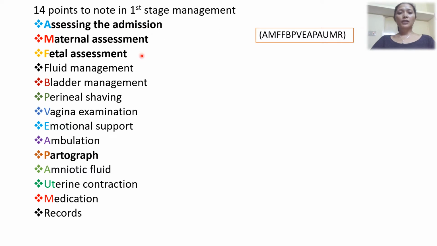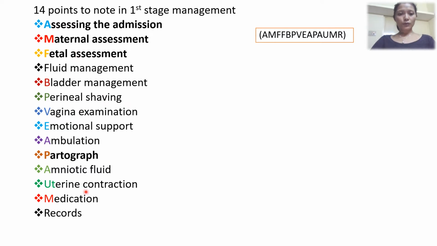After that, maternal assessment can be done, then only the fetal state can be considered healthy. And the different criteria needed are fluid management, which also includes food, bladder management, perineal shaving, vaginal examination, emotional support, ambulation, partograph, which I am going to deal with more elaborately in another video, and amniotic fluid, uterine contraction, medication and records.